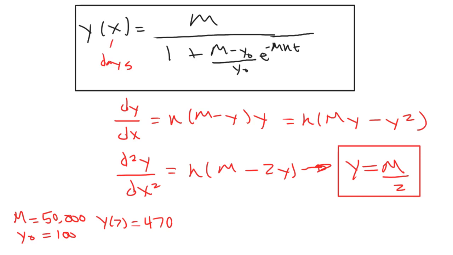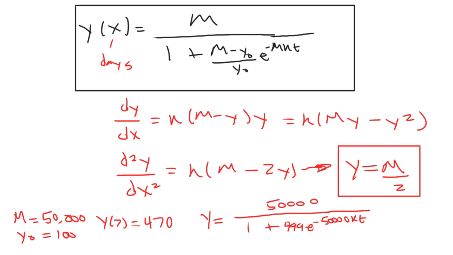If you were to put this all together, the equation would be y equals 50,000 divided by 1 plus, and 50,000 minus 100 divided by 100 is going to be 499, and this is going to be e to the negative 50,000 kt.